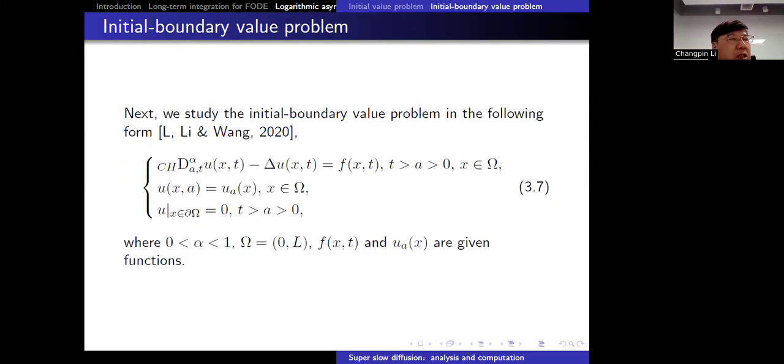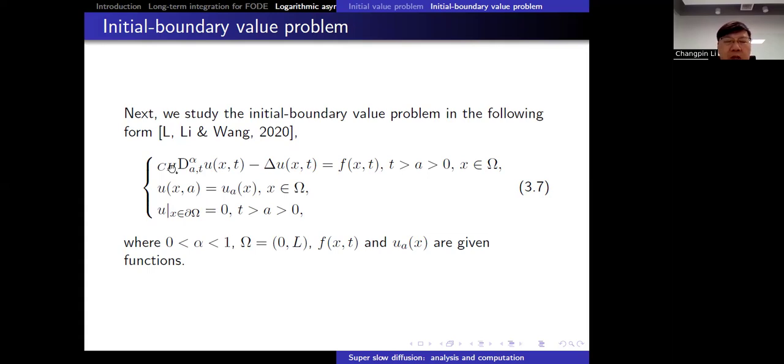In the above case, we considered the initial value problem, including the linear case and the nonlinear case. Now we introduce the initial boundary value problem. In the above discussion, we knew this boundary value condition, but here we consider the initial boundary value condition.